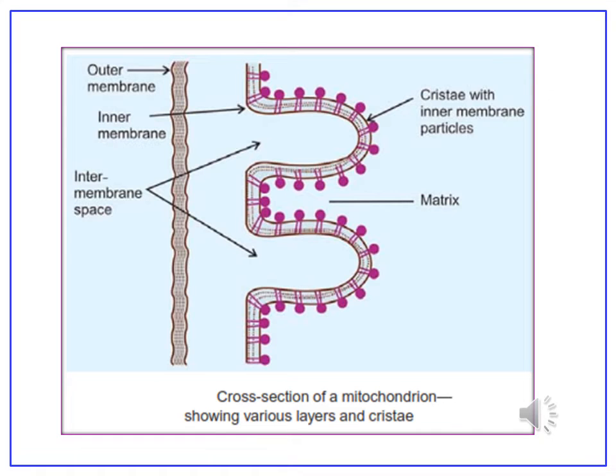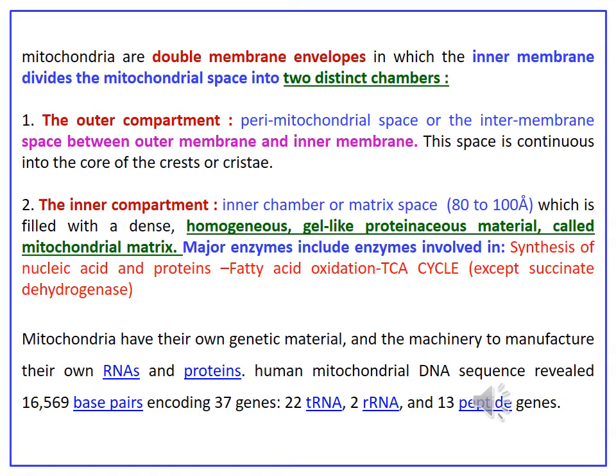The structure shows a cross section of mitochondria showing the various layers of cristae. Mitochondria have a double membrane envelope in which the inner membrane divides the mitochondrial space into two distinct chambers: one is the outer compartment, the other is the inner compartment.